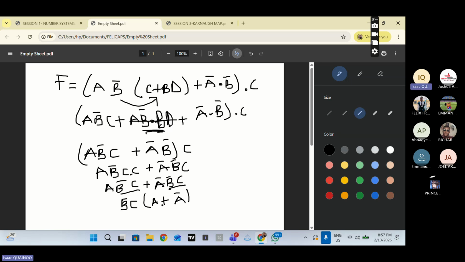And according to our Boolean laws, if you have A plus A prime, what does it give you? This gives you 1, right? So we have 1 here, and then we have B prime C times 1. So that means our return value is going to be B prime C. That is the same thing as Mr. Freeman had. So if you work systematically, you would have arrived at this answer.